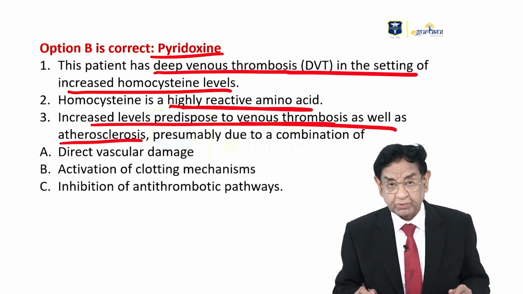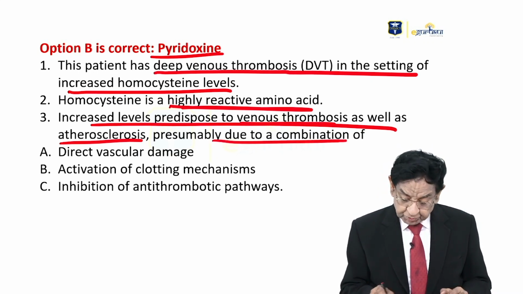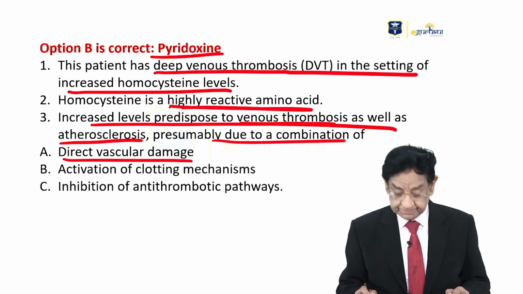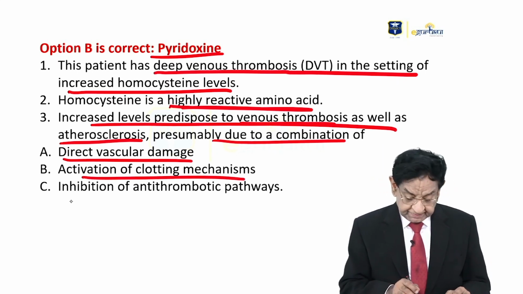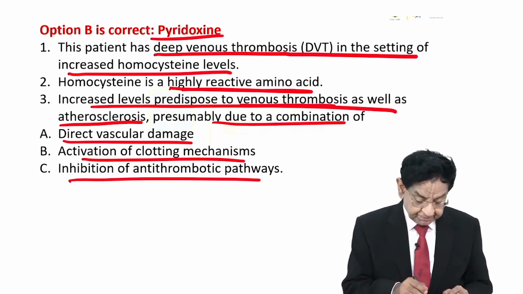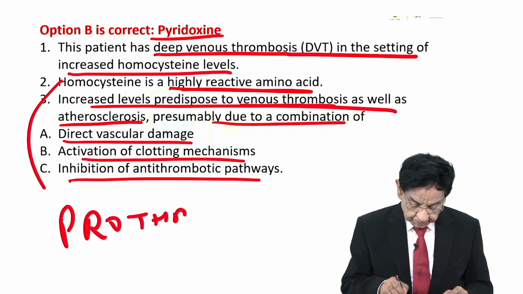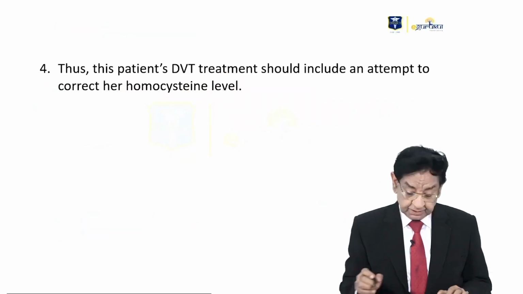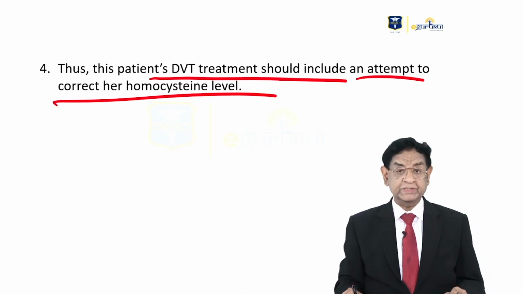That means it is dangerous for both the arterial and venous systems. This is due to a combination of direct vascular damage to both artery and vein, activation of the clotting mechanism, and inhibition of the antithrombotic pathway. So you can say it is a type of prothrombotic state. The patient's DVT treatment should include an attempt to correct her homocysteine level.